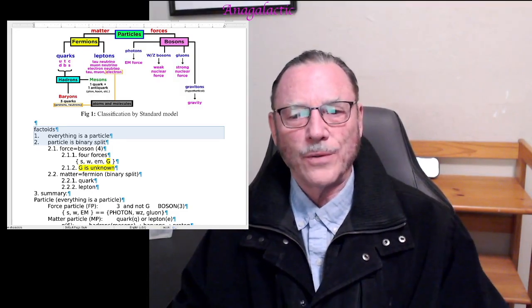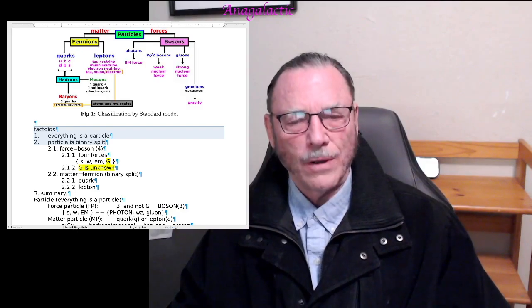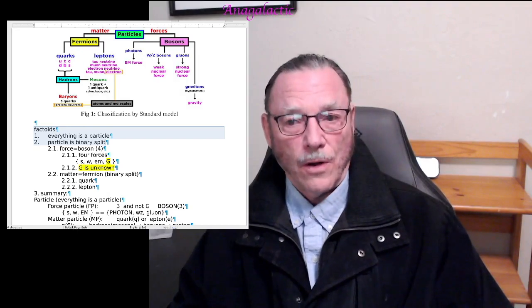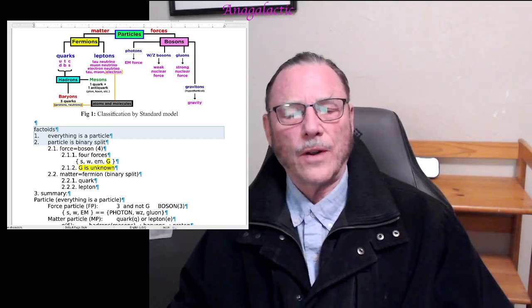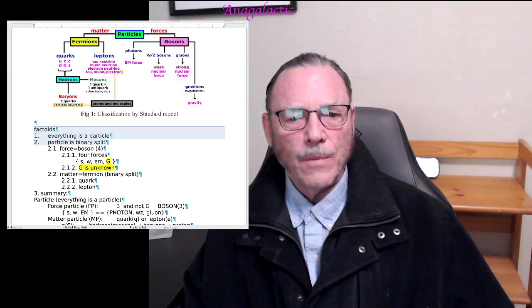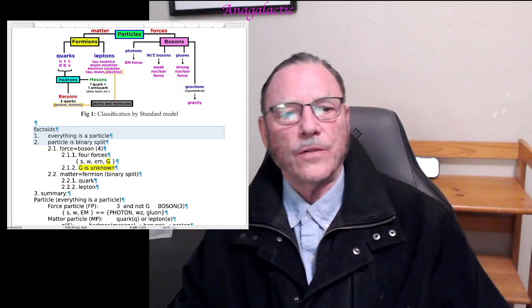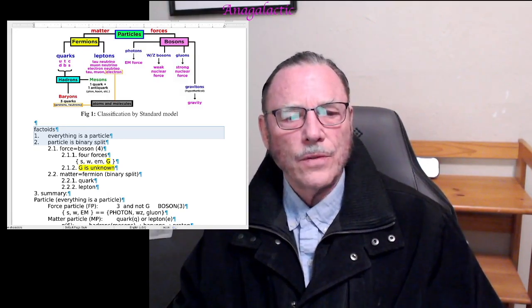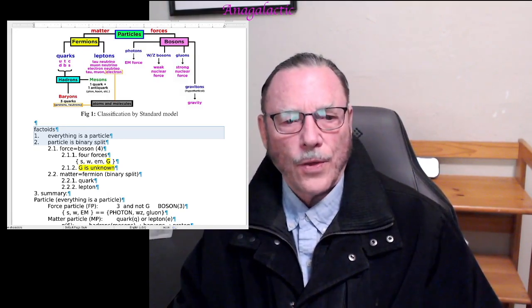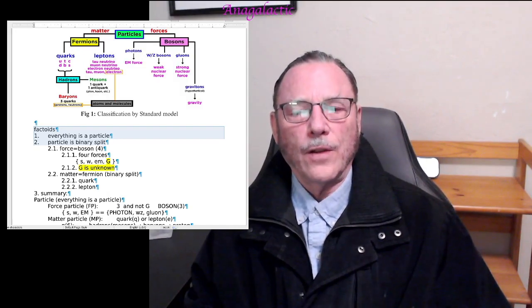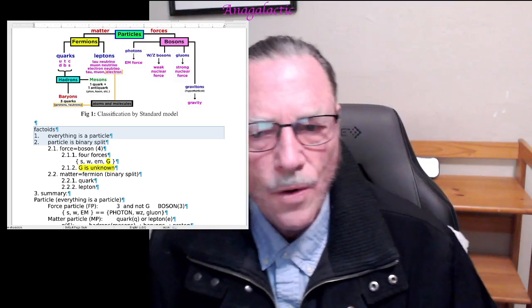The man who composed this document was Turkish, I believe, and the translation of his document, only 8 pages long, which is why I selected it, was exquisitely bad. So don't worry, I've taken care of all that. But down where you see it says factoids, just disregard that, that's just my word. I have this numbered 1, 2, and 3. Number 1, the first thing we learn from the model: everything is a particle. That's incredibly important.